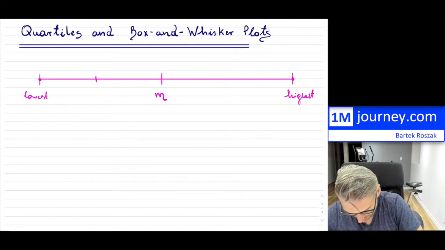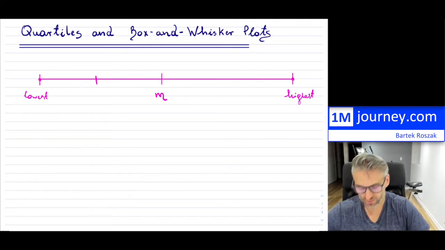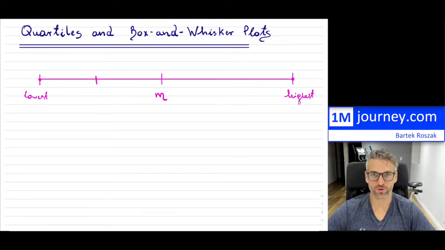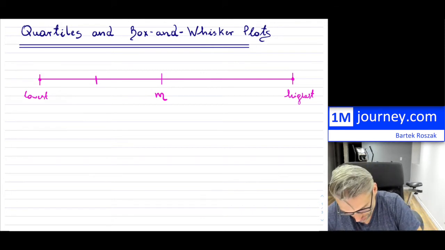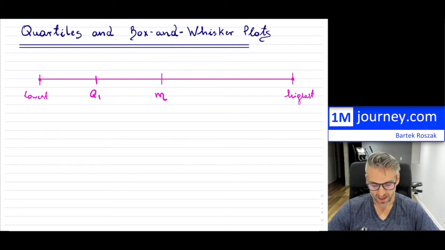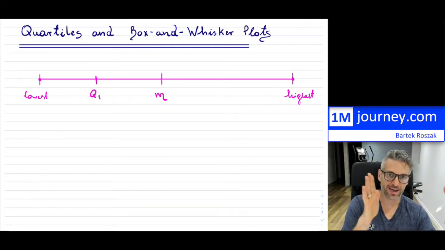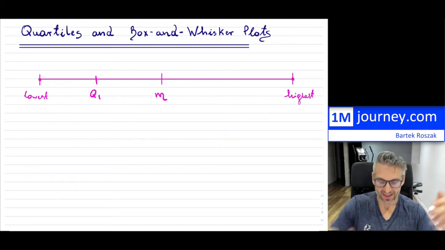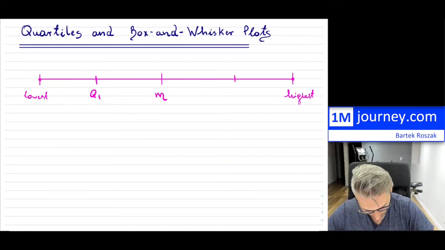What you would find right here would be your first quartile point, which I'm going to designate as Q1. Then you can take the second half and find the median of that second half, and you would have found your third quartile point.